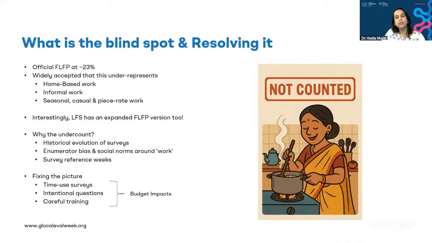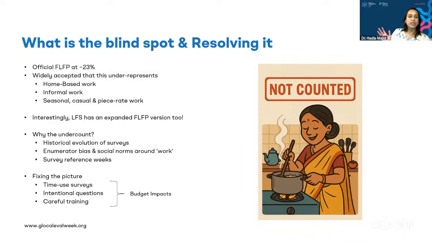Now, what's interesting is that there is actually an expanded definition of FLFP within the LFS, which allows me to capture informal work or home-based work a little bit better. And yet the expanded FLFP estimate is not the one that is usually reported. It is the non-expanded FLFP estimate which is usually reported.